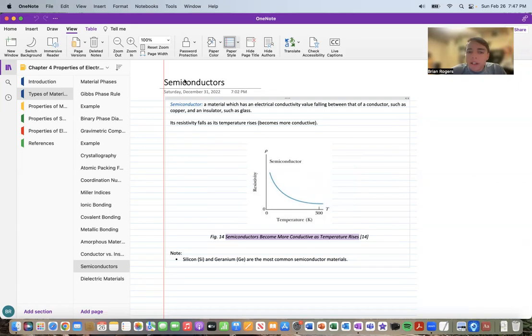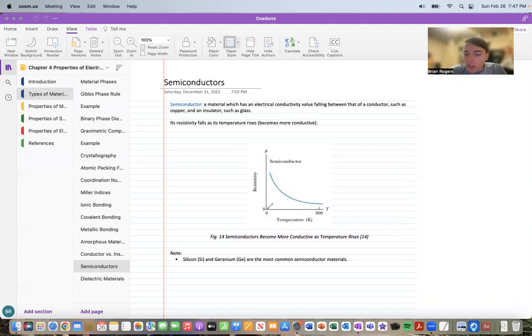And so what we're going to notice from this curve is that as temperature increases, the resistivity is going to drop. And so as you increase the temperature, it becomes more conductive. But at lower temperatures, it's more like an insulator because it's more resistive.